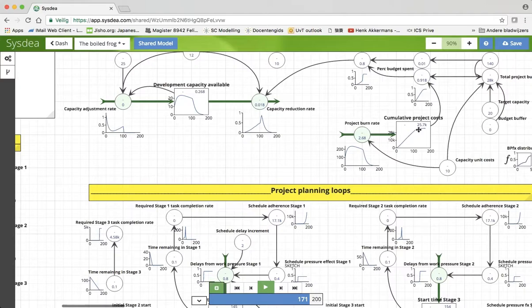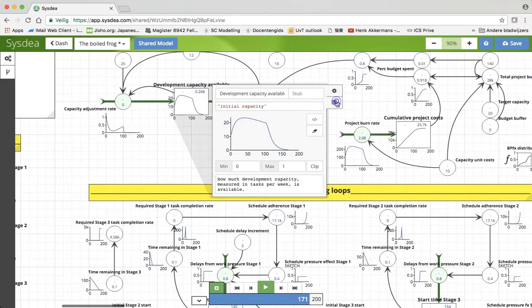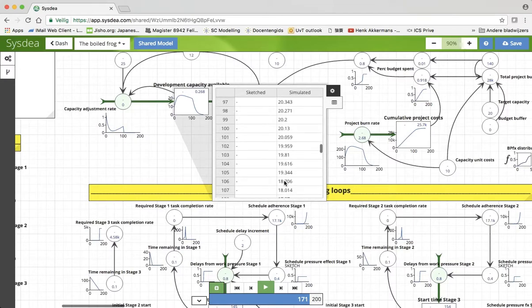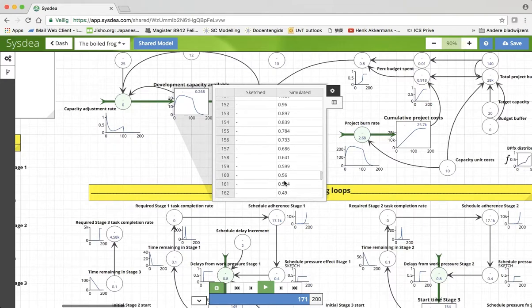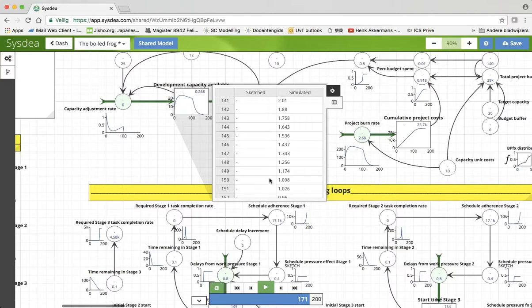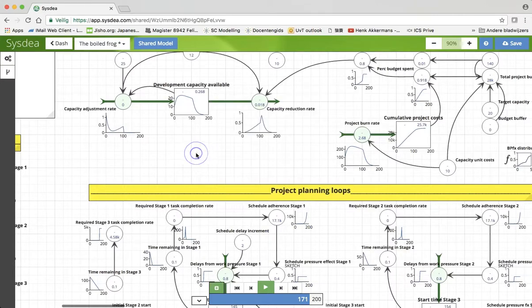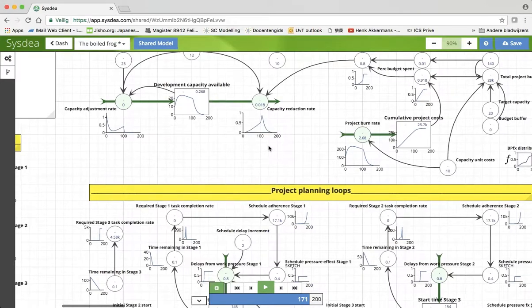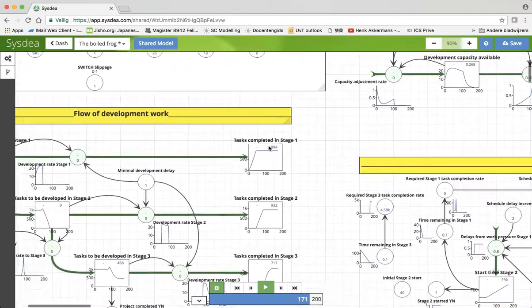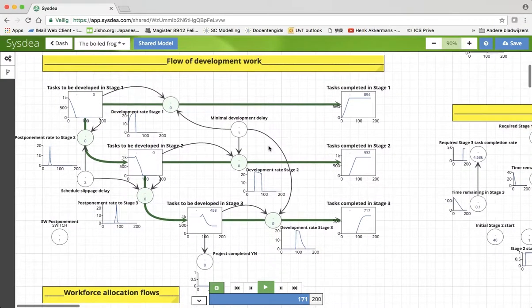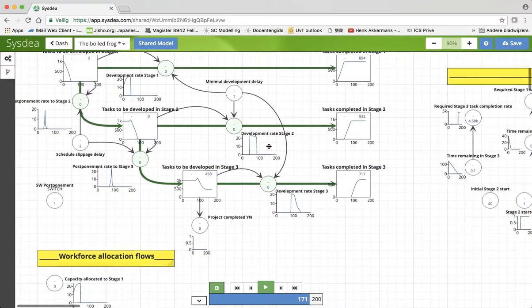Yes, the cumulative project costs have reached the total. There's hardly any development capacity left at this stage, a capacity of under 1. At around week 140, almost all the budget has been burned, as it happened in real life also. And so the project is stopped, and the project is not completed.